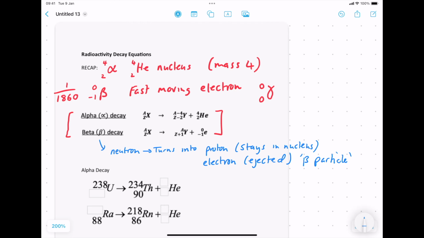Then the next one is radium, and that is turning into Rn. And again, by an alpha decay, so I can put in the numbers for the alpha particle and work backwards to work out what the mass is. So because an alpha particle has an overall mass of 4, I need to add that back on, and that gives 226.